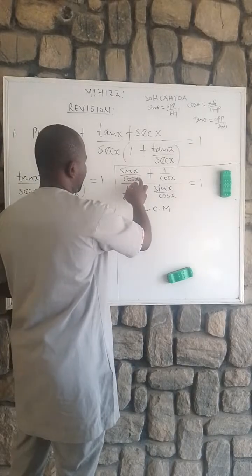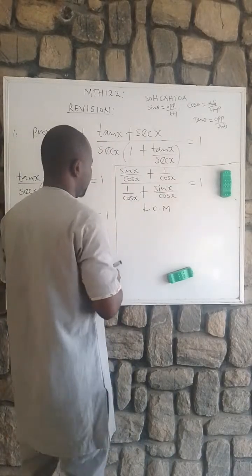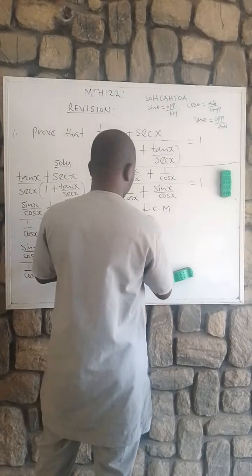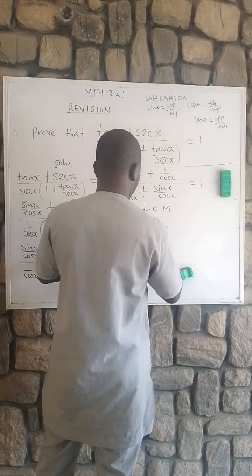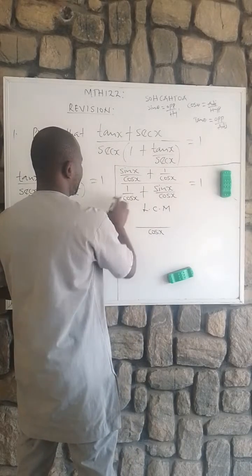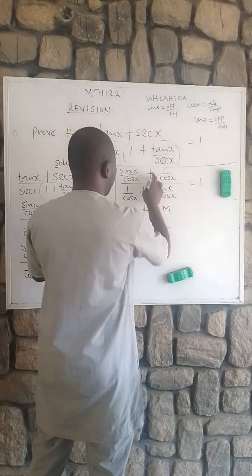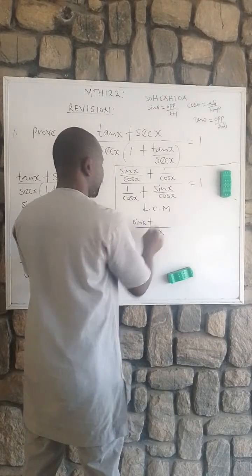The LCM of cos x and cos x is cos x. True or false? So let's do it this way. Cos x divided by cos x is 1 times sin x is sin x. What do we have here? Plus, right?